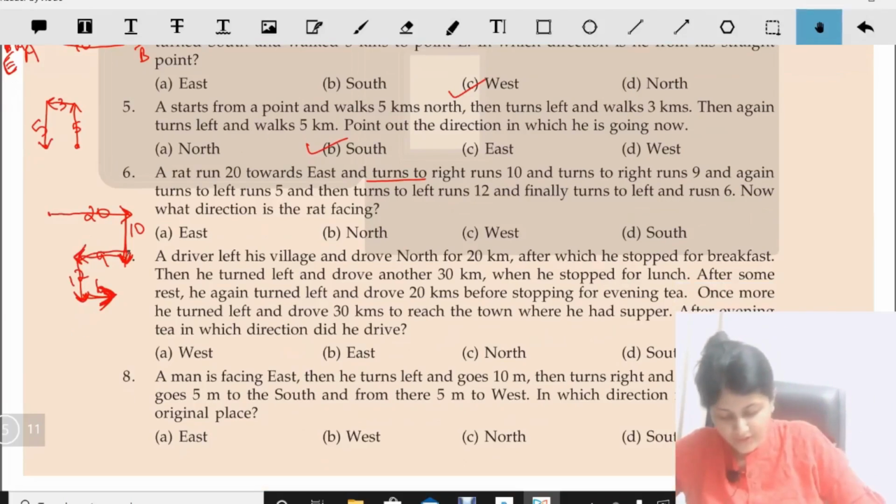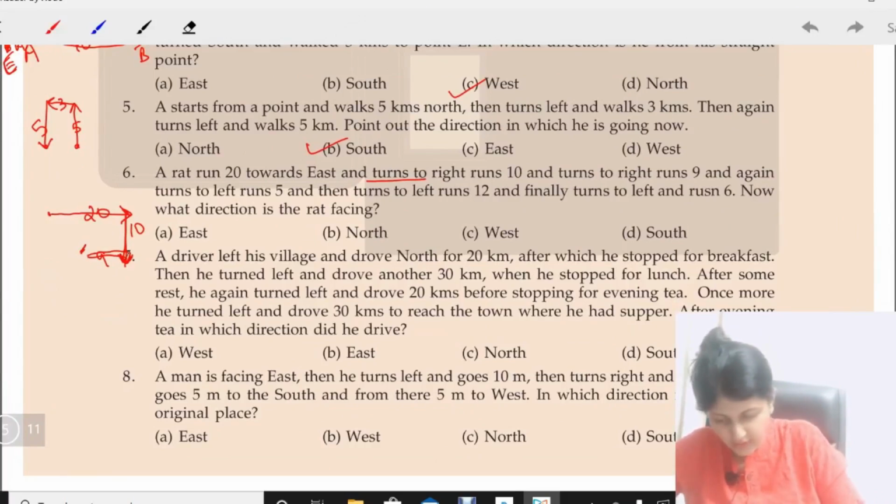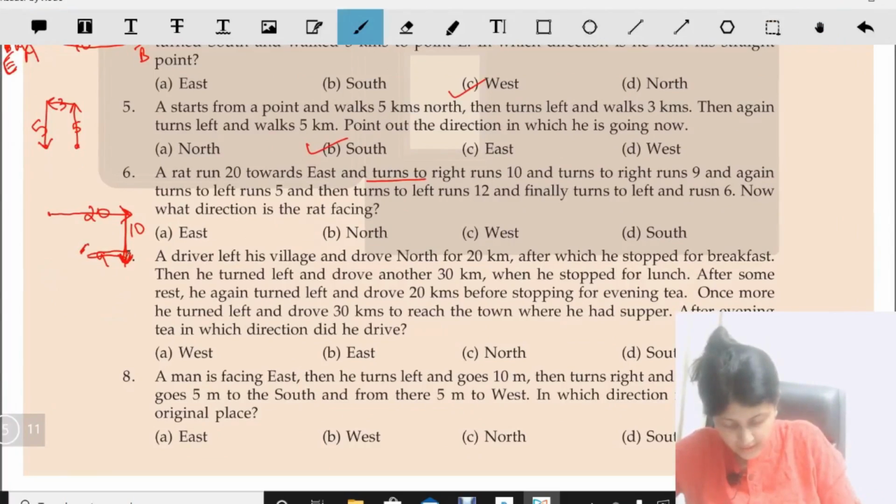We have missed a part of the question. Just a moment. It is very good that I committed the mistake so that I can again tell you with example. See, we were here and again turns towards left and runs 5. We missed this part.